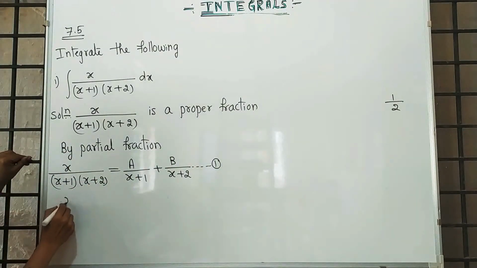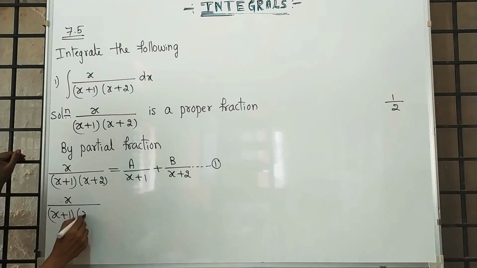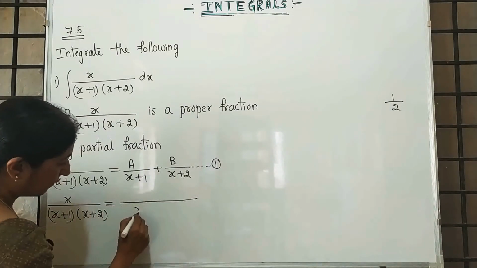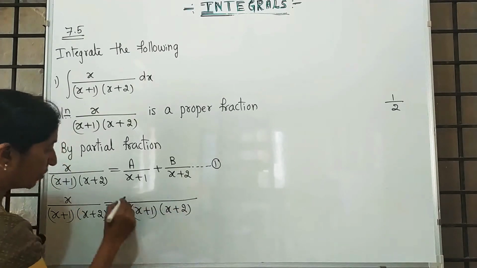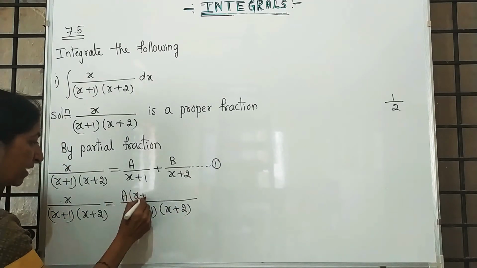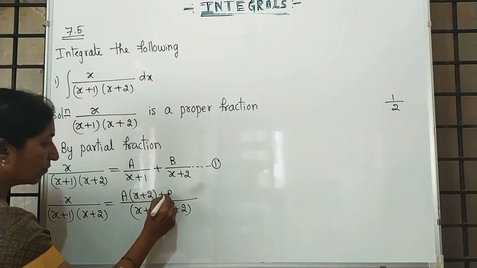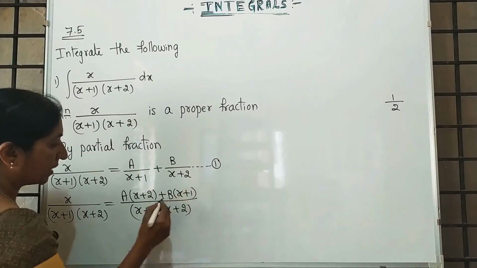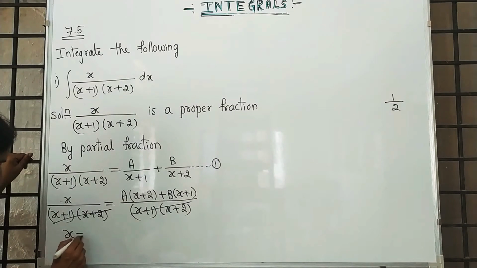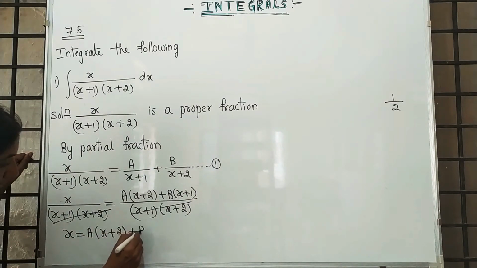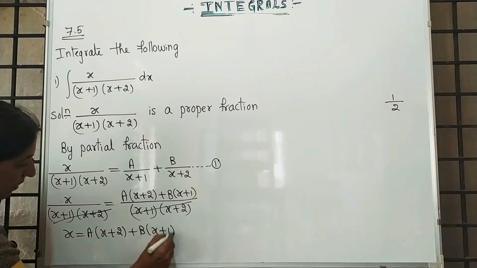Keep the left side as it is: x upon (x plus 1) into (x plus 2). Take the LCM on the right side. This is (x plus 1) into (x plus 2). A is multiplied with x plus 2, B is multiplied with x plus 1. Both the denominators get cancelled. So x is equal to a into (x plus 2) plus b into (x plus 1).